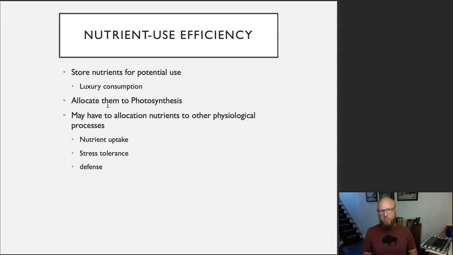Plants might need to use nitrogen for their defenses, especially chemical defenses. And so because of these several different uses a plant might have for nitrogen, its nitrogen use efficiency could be really high, meaning it does lots of growth relative to how much nitrogen it has, or it could be low. It might actually have relatively low photosynthesis because it's using its nitrogen for something else.